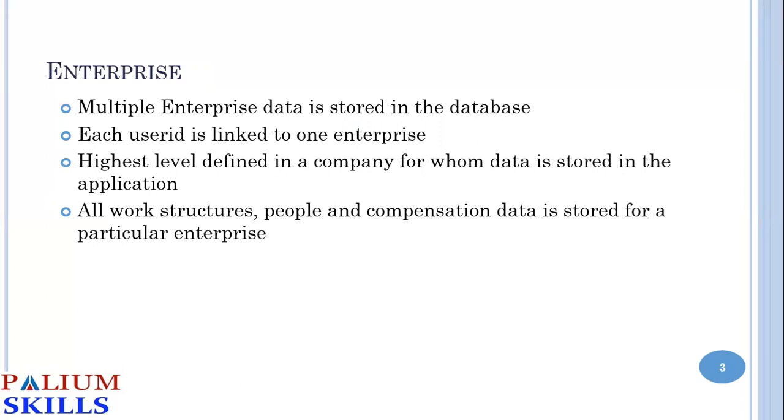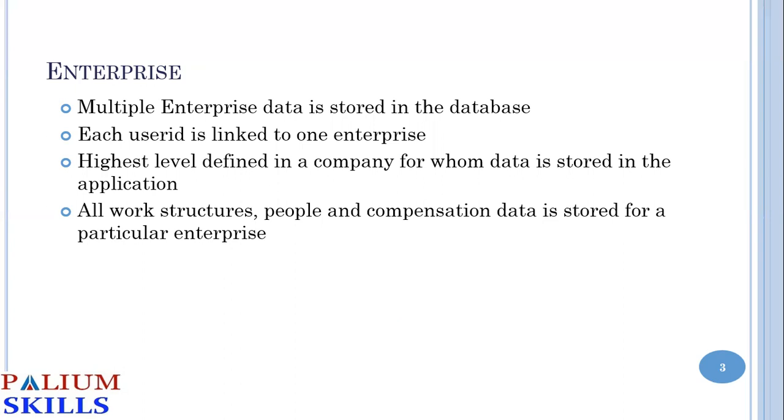The highest level that you define in the company is the enterprise. All work structure, all people, compensation data that we store in the application is for a specific enterprise.